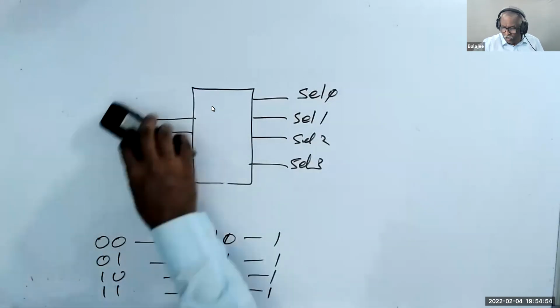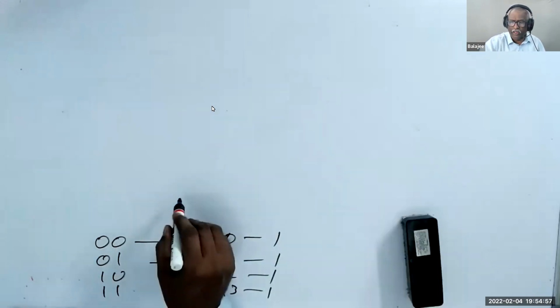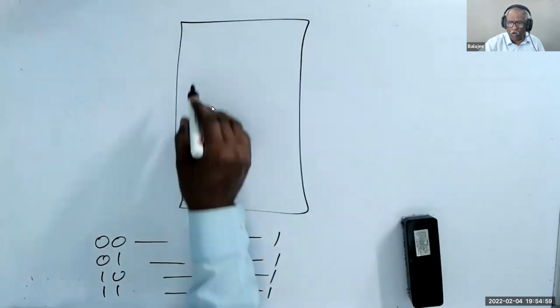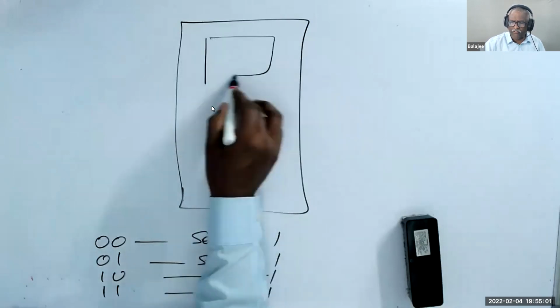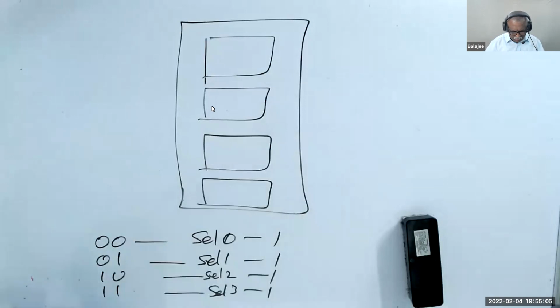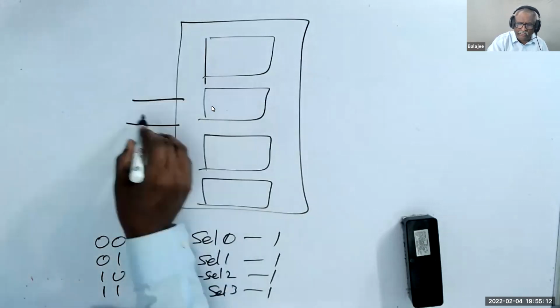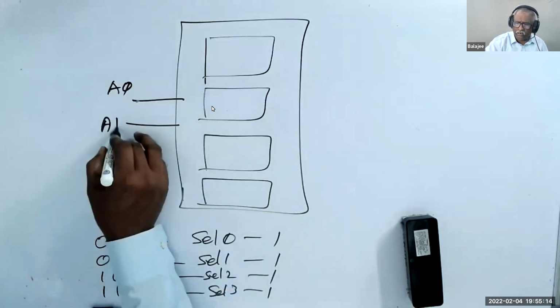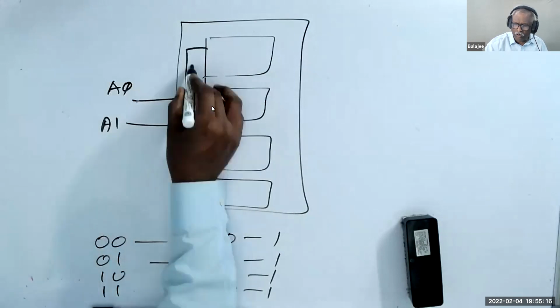Now, let me draw the block inside. It's quite simple. I have internally 4 blocks. Understand? Internally, how many blocks? 4 blocks. And I have 2 inputs, A0 and A1, which go to all of them.